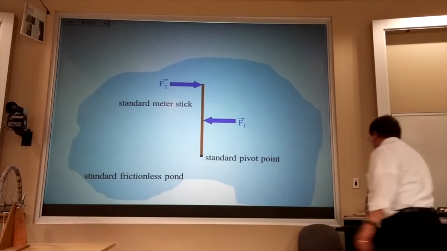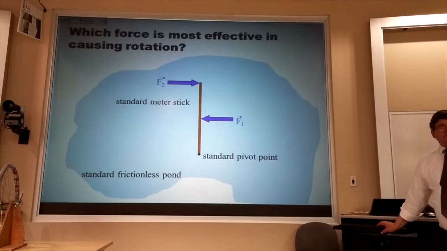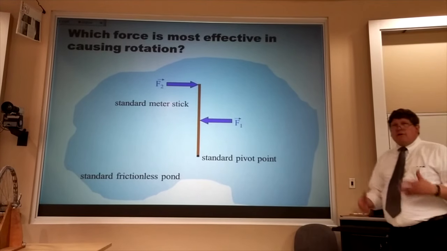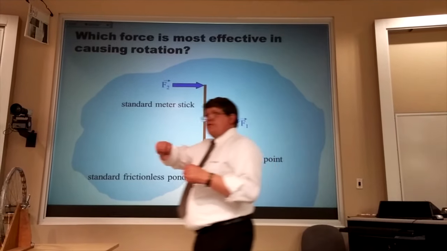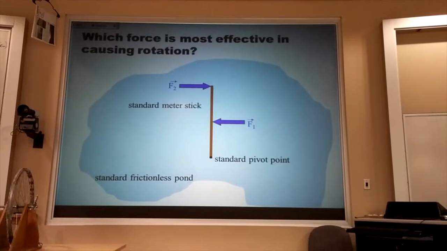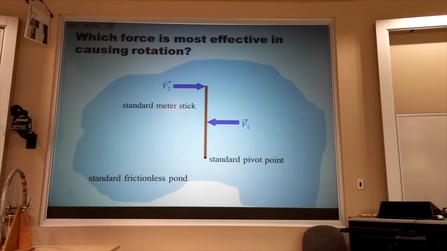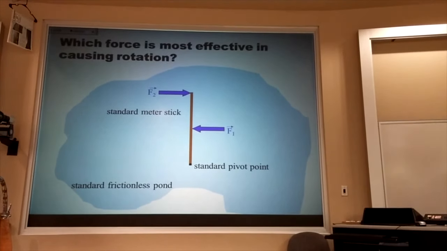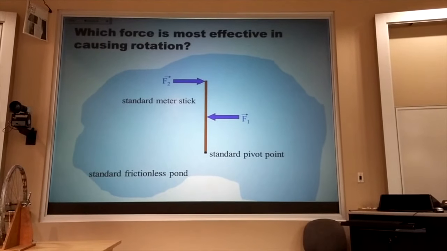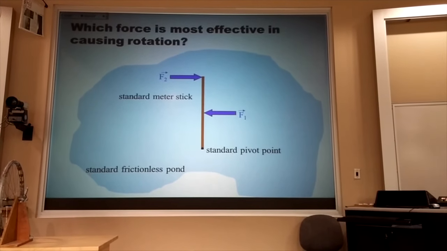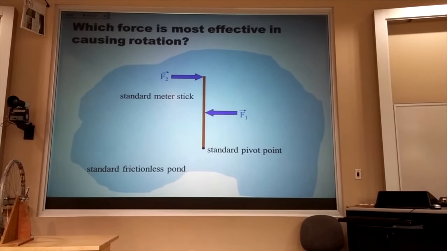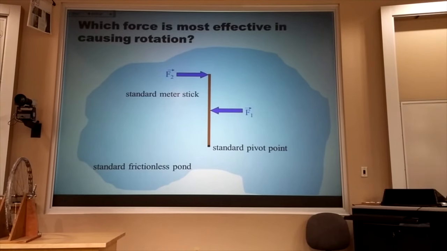Yeah, the one that's further away from the pivot. You've all experienced this when you're trying to get a nut off of a bolt and it's rusted on, and so you're pulling with your wrench. So what do you do? You go and get a bigger wrench so that you can pull further away from the pivot.